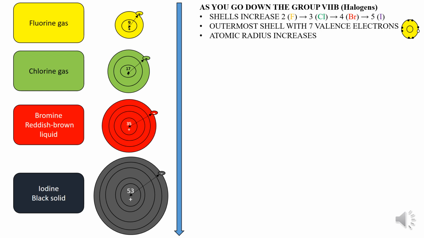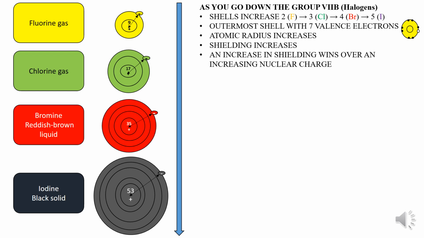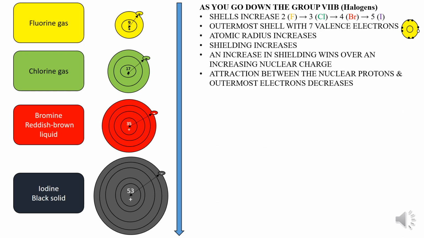Now going down the group, atomic radius increases, shielding increases. An increase in shielding wins over an increase in nuclear charge. And the attraction between the nuclear protons and the outermost electrons also decreases. So I'll be skipping the explanation about these points as they have been dealt with in detail in my previous video.